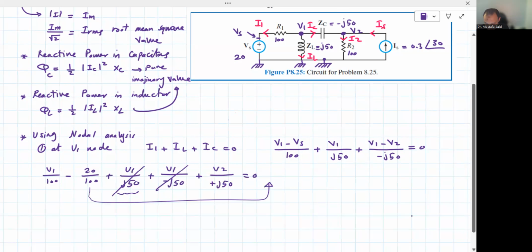So the equation will be V1 over 100 plus V2 over J50 equal to 20 over 100, which is 0.2. This is equation one.